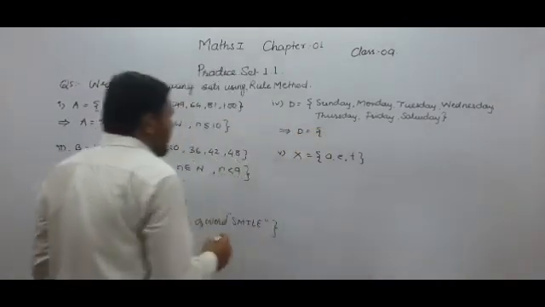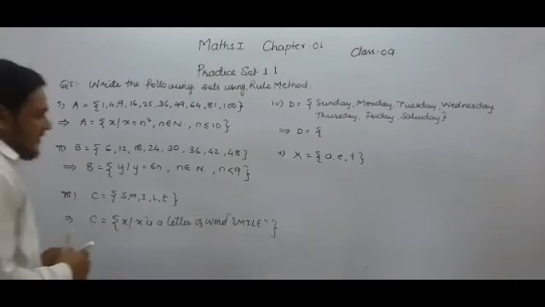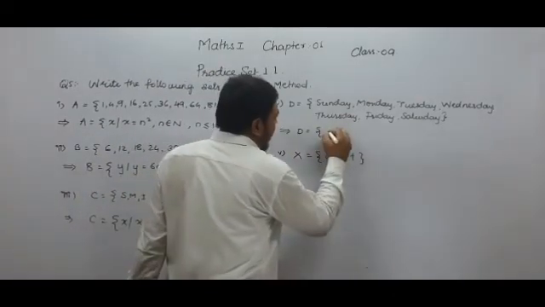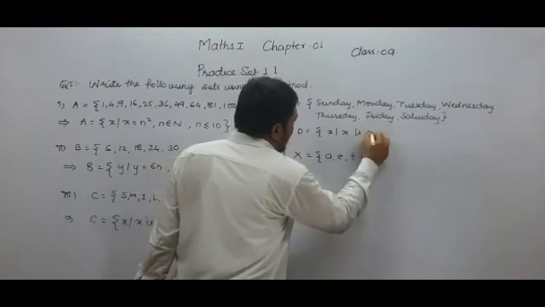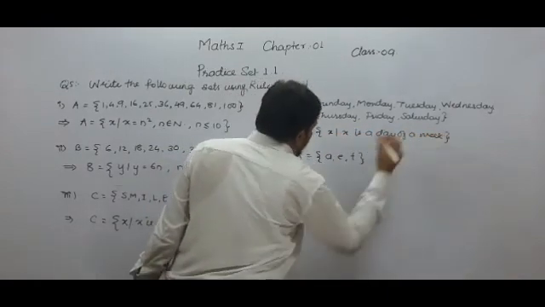This set we have studied in the previous question: Sunday, Monday, Tuesday, Wednesday, Thursday, Friday, Saturday. This is nothing but the set of days of the week. D is equal to curly bracket x such that x is a day of a week.